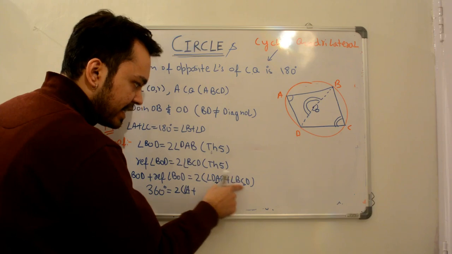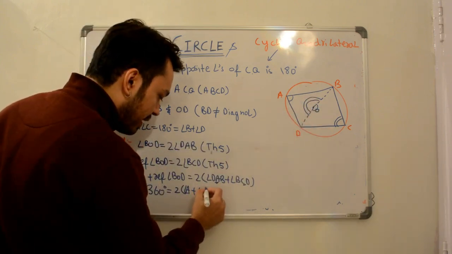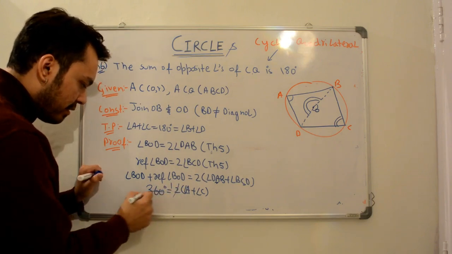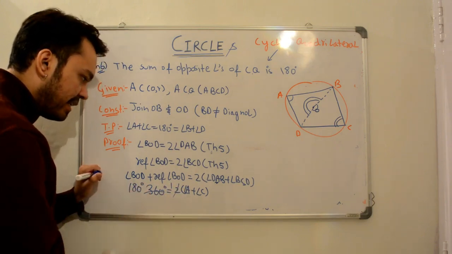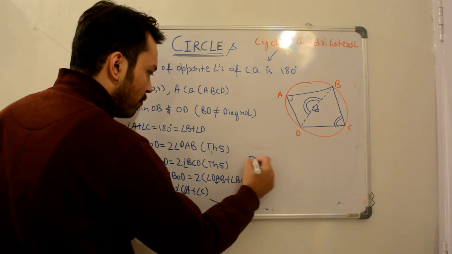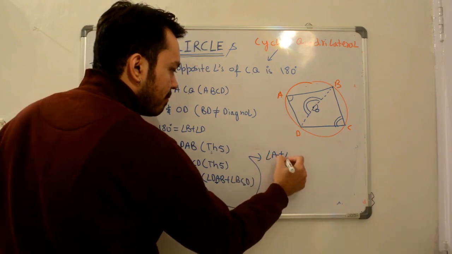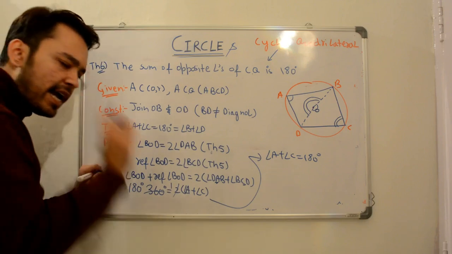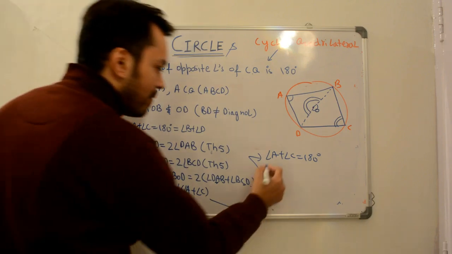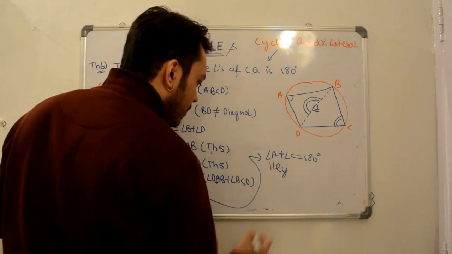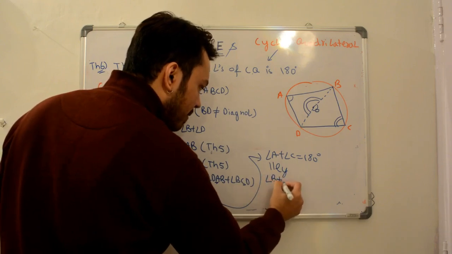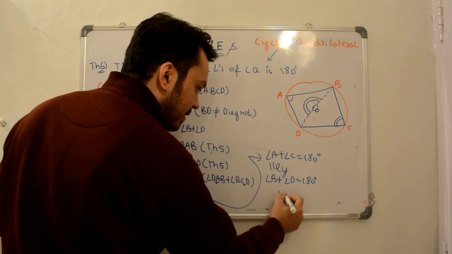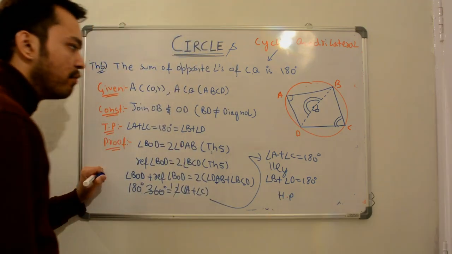And here instead of BCD we can write simply angle C. Now this 2 will get cancelled, this will come out to be 180 degree. So we have proved that angle A plus angle C is equal to 180 degree, right? As simple as this. Now we can write, similarly, we can prove that angle B plus angle D will also be equal to 180 degree. Hence proved, right?